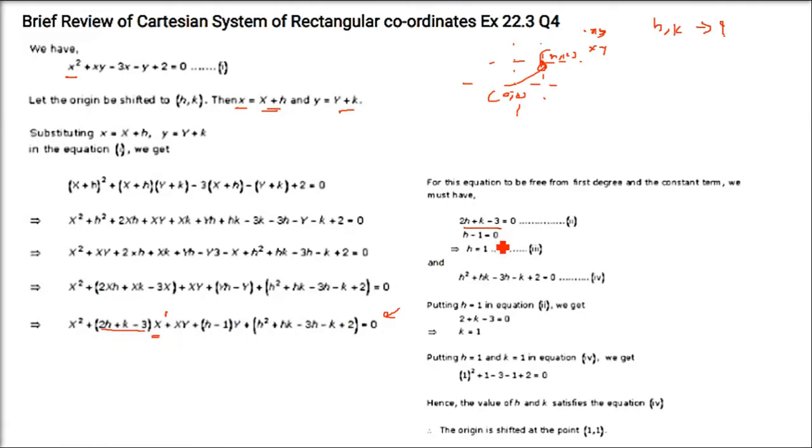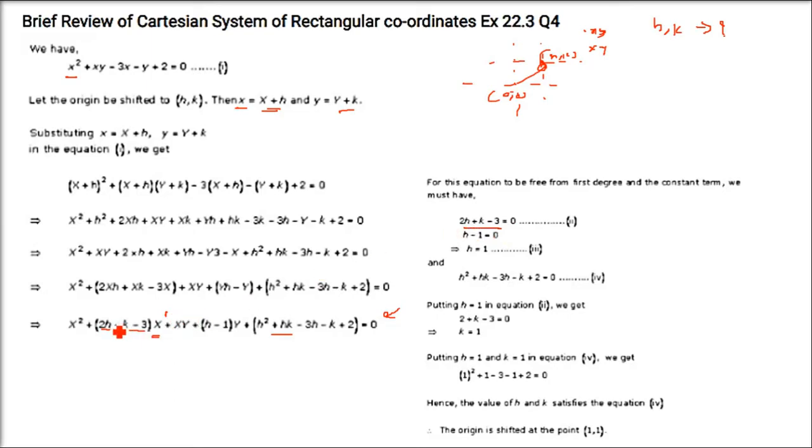There are two terms, two coefficients which are going to be 0, because there has to be no x and y term. And the last one, h squared plus hk minus 3h minus k plus 2, is the constant term. So it has to be 0. The constant term has to be 0.